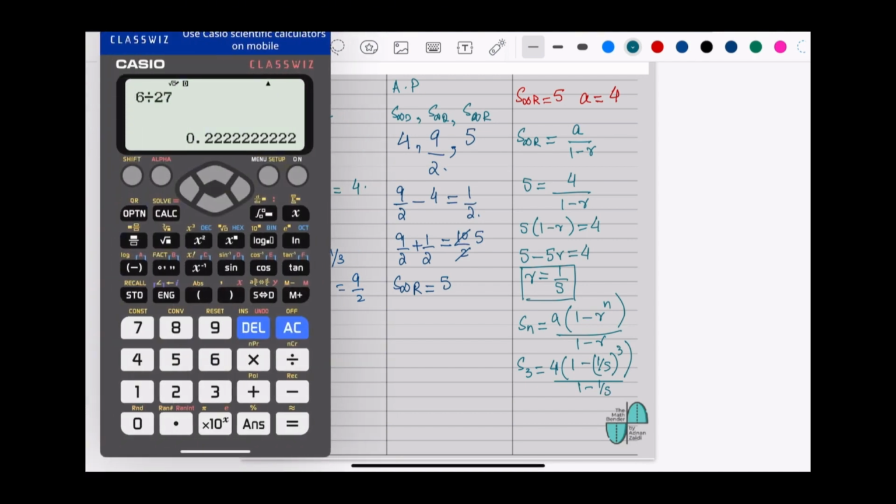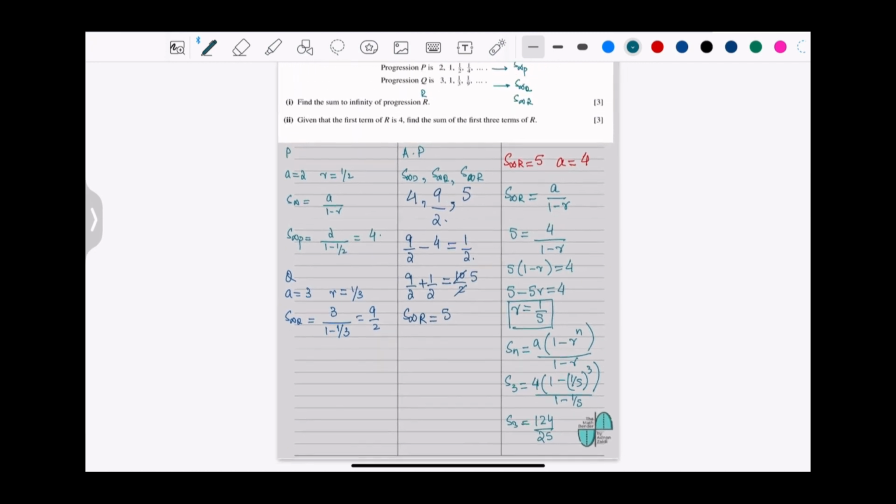Just writing that down as it is. This is 124 over 25, or 4.96, the sum of the first three terms.